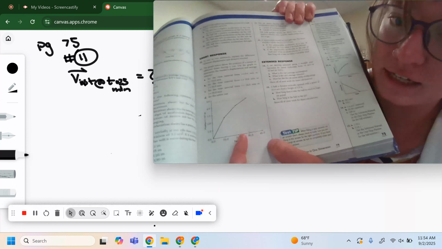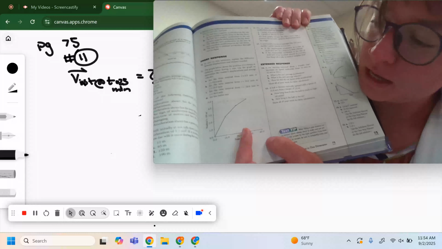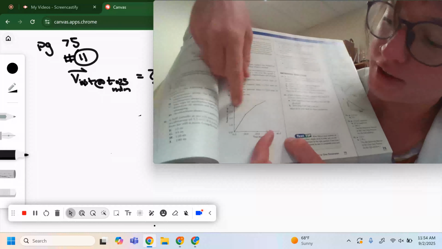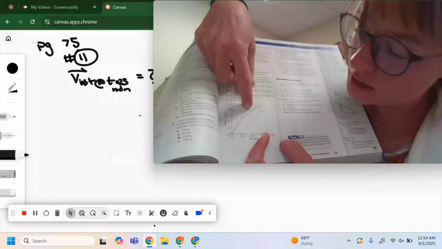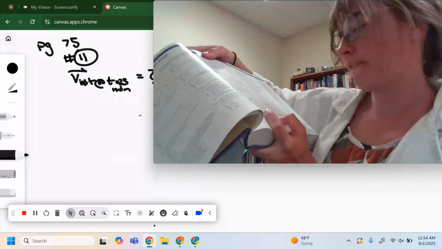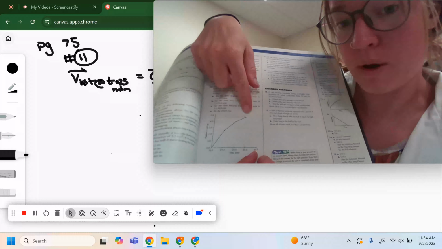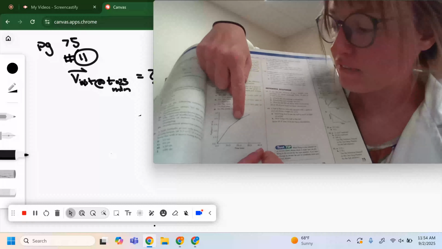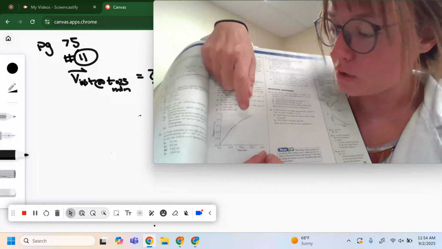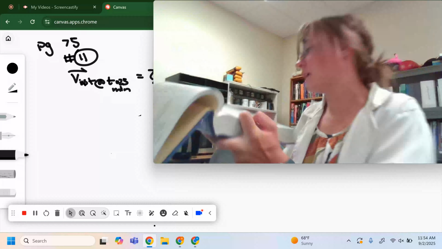Okay, at 25 minutes, that is right here. So the way that we're going to do that is we're going to find the slope of this whole section here that corresponds to the time between 20 and 30. If we can find the slope of this whole section, we'll know the slope at 25 minutes, and the slope at 25 minutes is the instantaneous velocity.